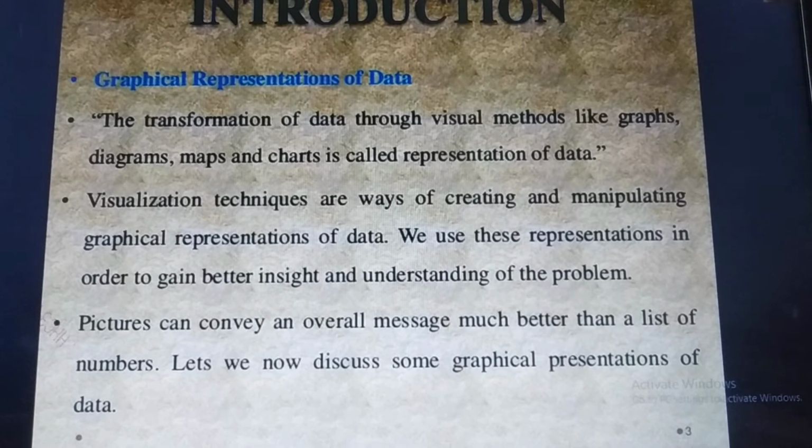We use these representations in order to gain better insight and understanding of the problem. Pictures can convey an overall message much better than a list of numbers. Let me now discuss some graphical representation of data.